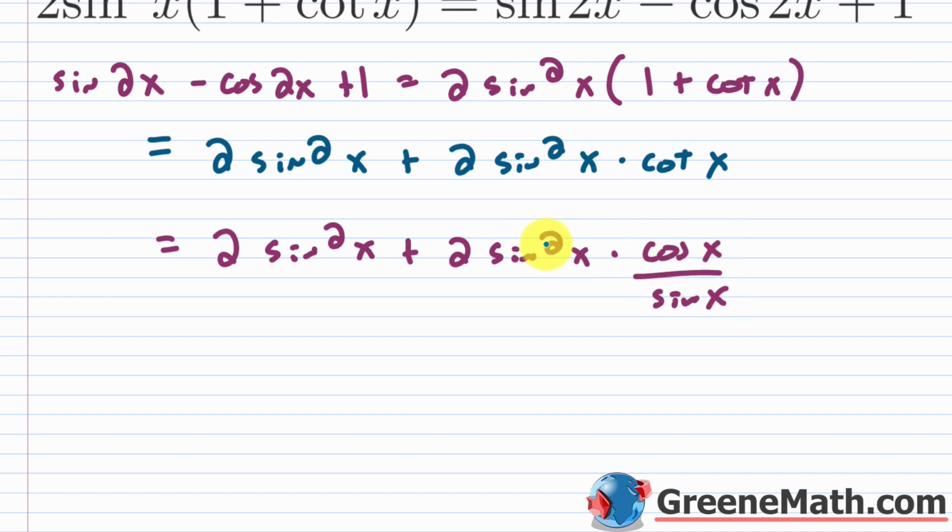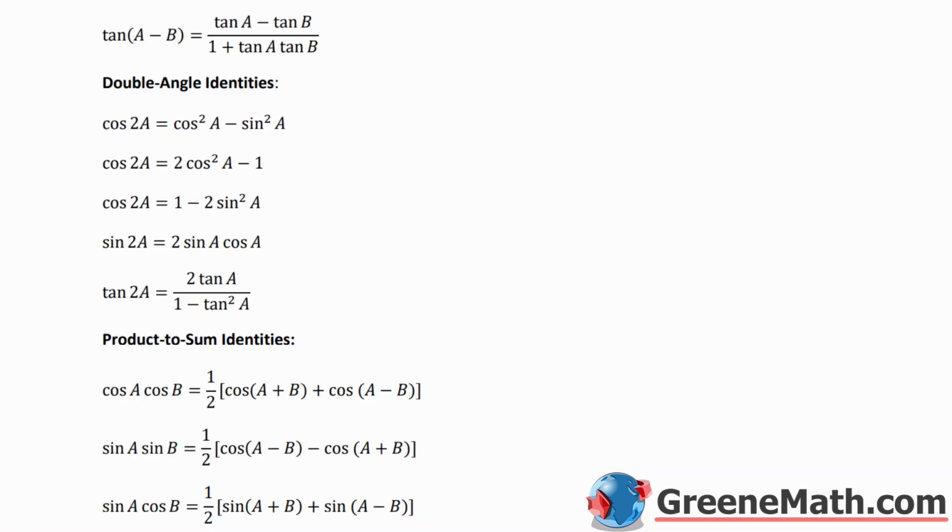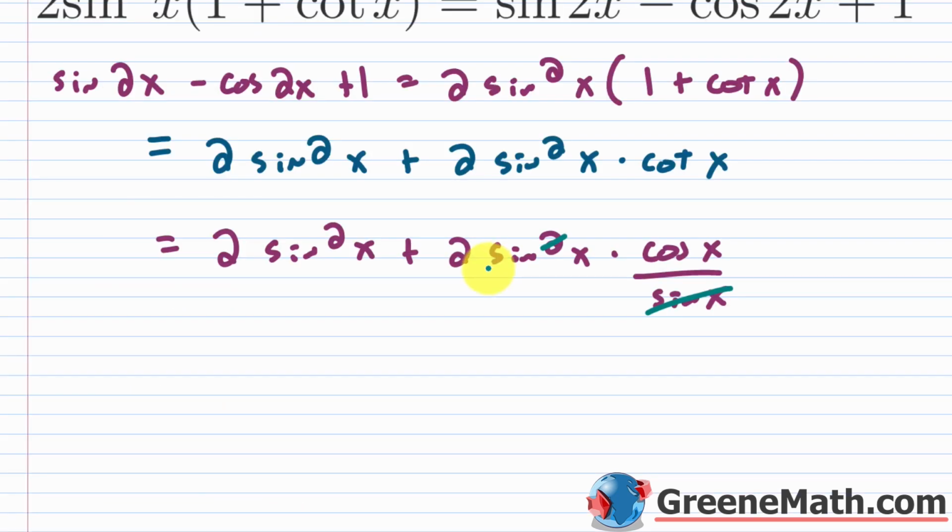Now I can cancel one of these with this. So now if you look at it, you have 2 times sine of x times cosine of x. Going back to our handout, if I have 2 times the sine of a times the cosine of a, that's the sine of 2a. So I want to replace this with the sine of 2x. So this 2 times the sine of x times the cosine of x is going to be the sine of 2x.